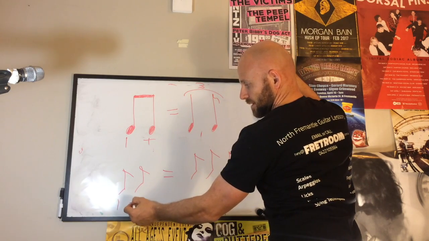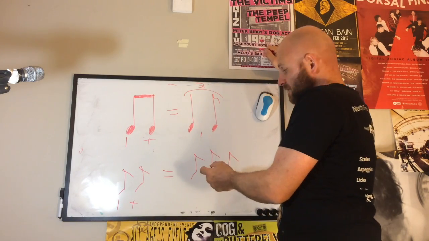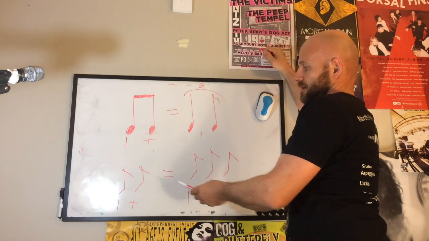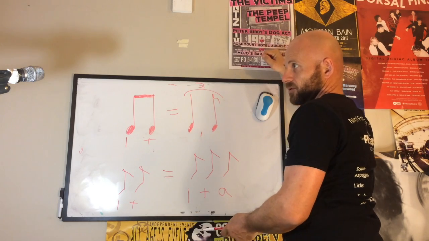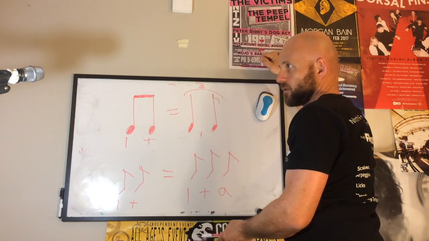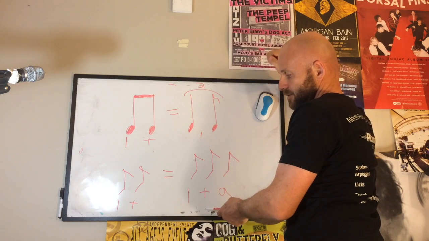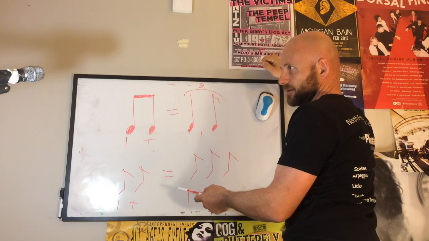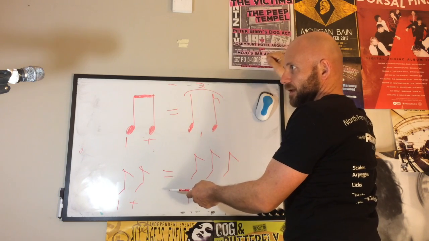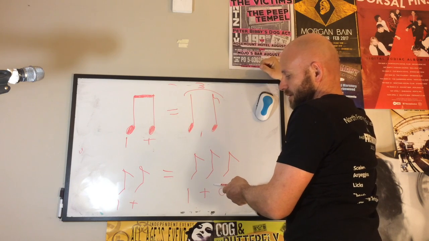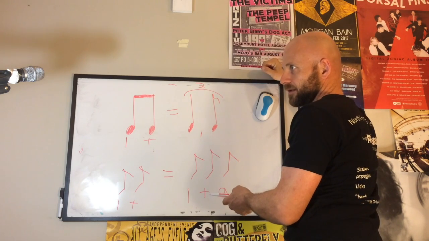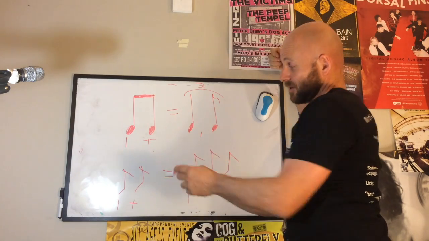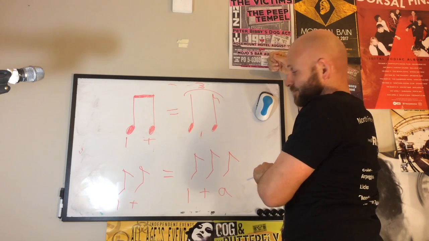When we count triplet rhythms, you go 1 and a, 2 and a, 3 and a, 4 and a. So counting in what's called simple time and counting in compound time.